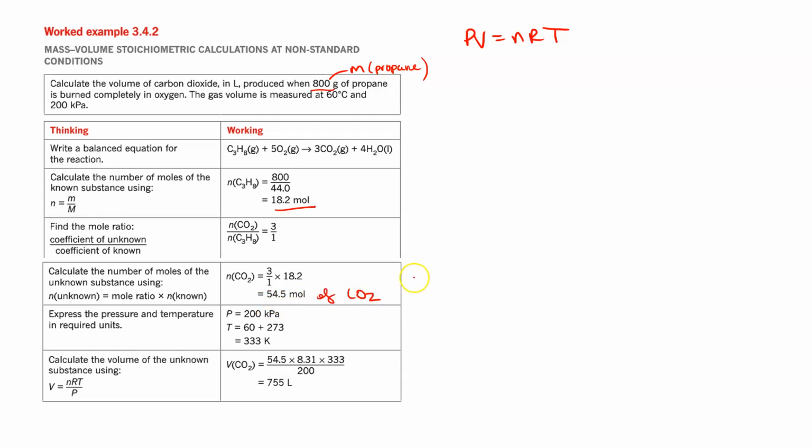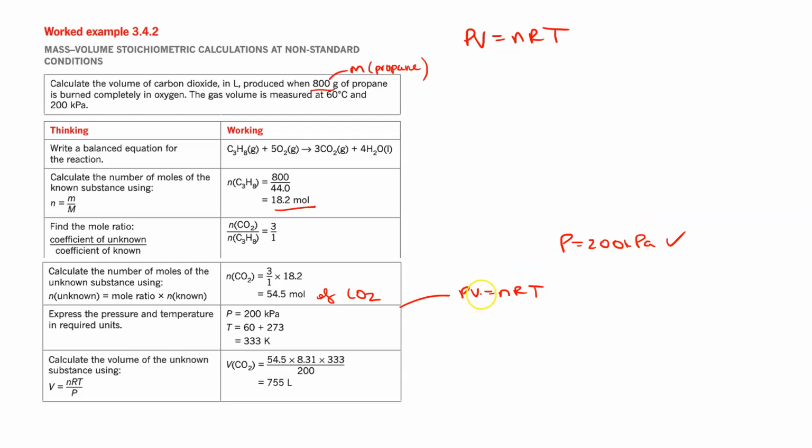produced. Now, because we don't have SLC, we're using PV equals nRT, we need to find the pressure and various other conditions from the question. So we were told that the pressure was 200 kPa, so pressure is 200 kilopascals. That is in the correct unit, so we can substitute that straight in.